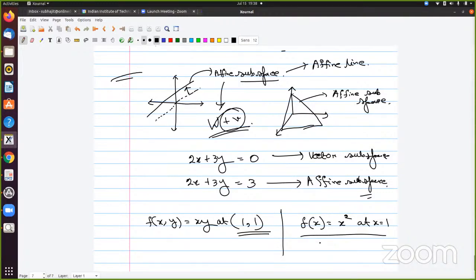First, we find the derivative, then y minus the y coordinate of the point given. So this is your derivative. So what is your equation of tangent? f dash 1 is 2, so y equal to 2 into x minus 1.